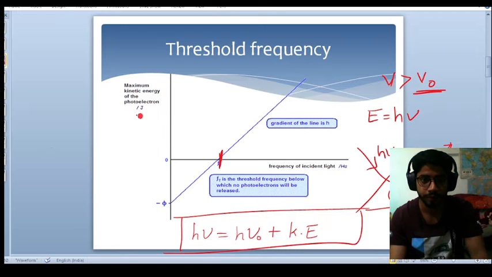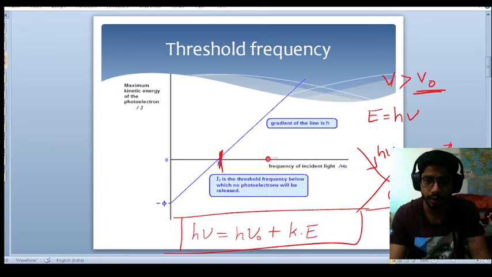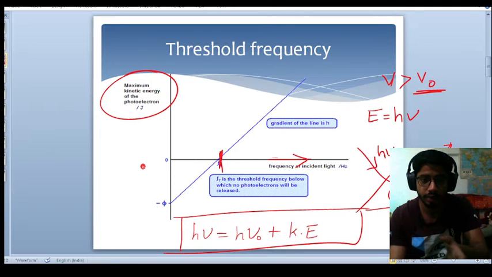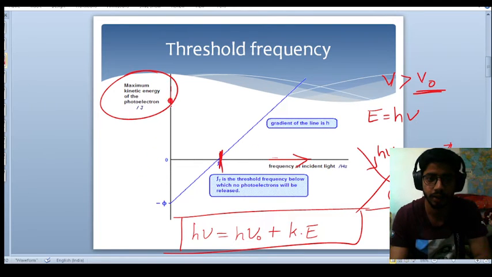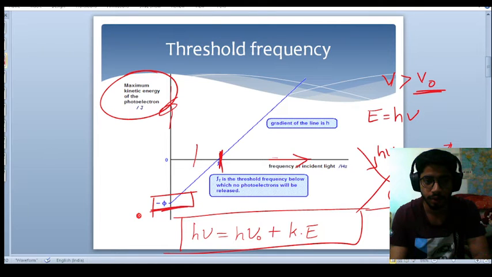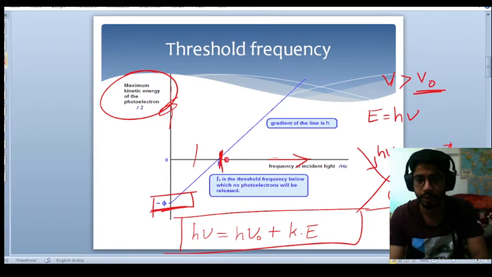So if the frequency of the incident beam increases, the kinetic energy of the electron will increase.